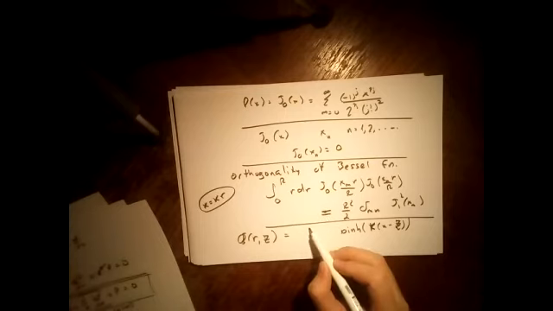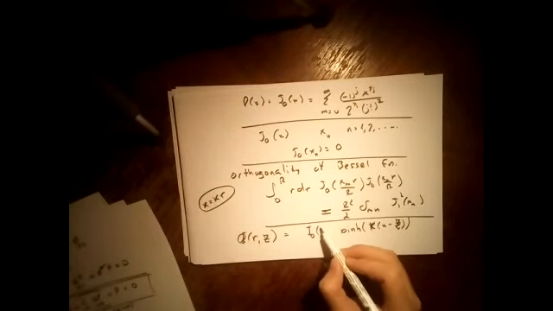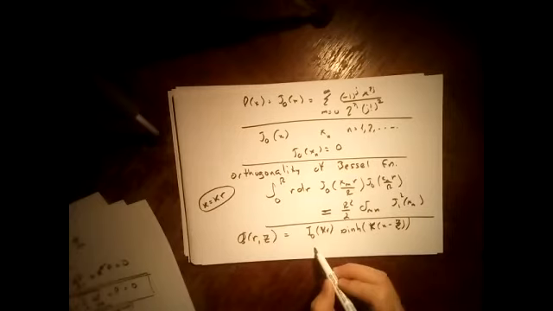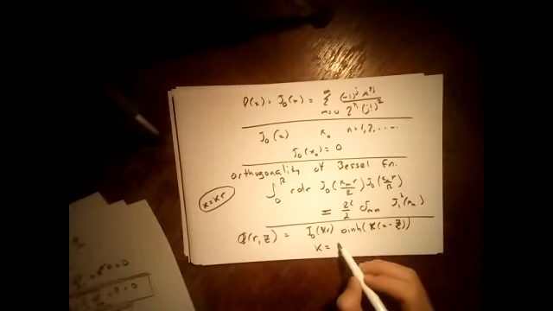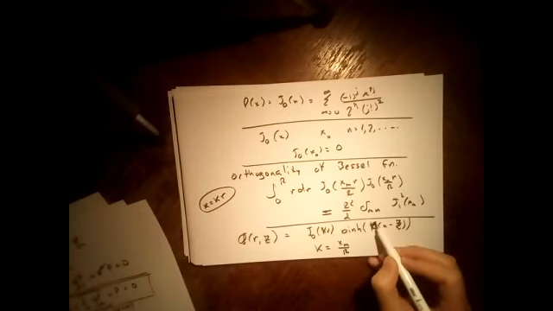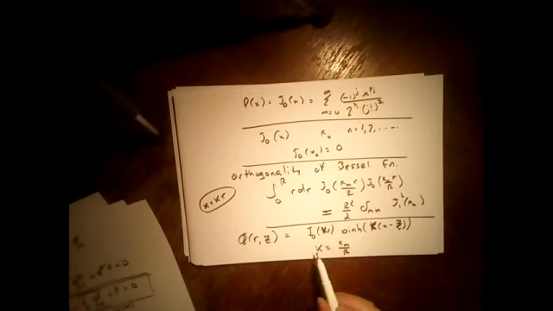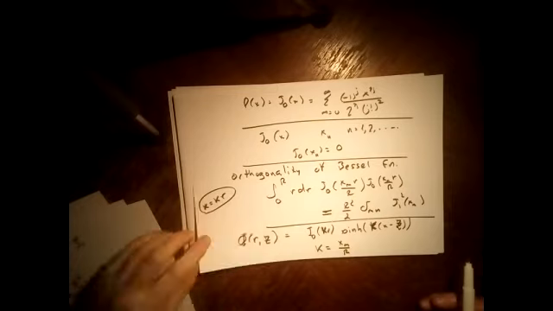So what you have to do is take J0 of kappa r, but take kappa to be x_m divided by R. And there's more than one zero for the Bessel function, so we have to sum over a whole sequence of terms like this.